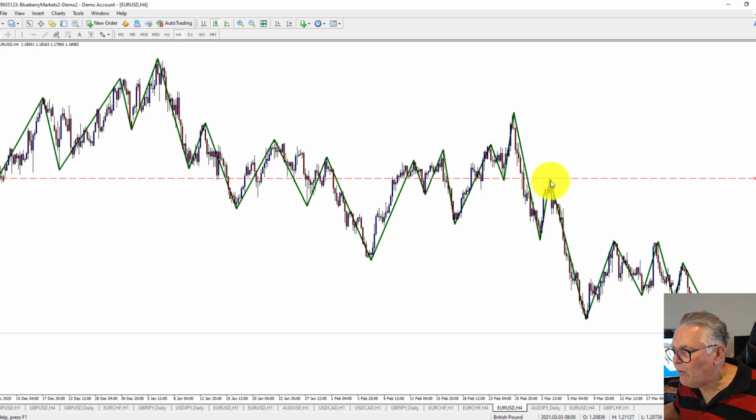And there's another point. I mean, we can say that we could have entered there because of support and resistance. And one of the points that we're going to get to is the confirmation point.